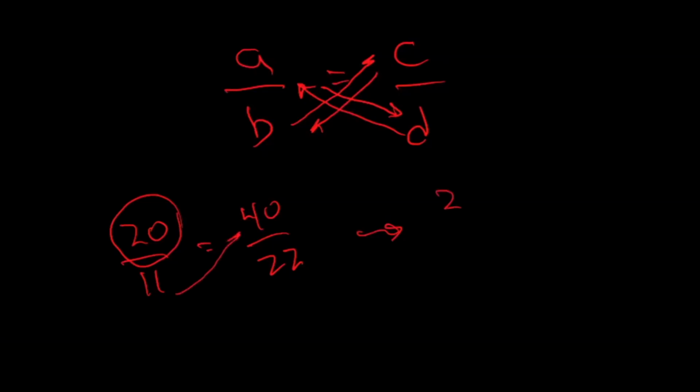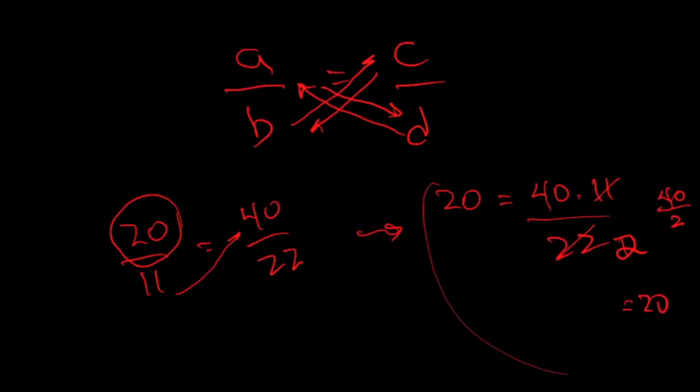So 20 is equal to 40 times 11 over 22. 11 divided by 22, that's one half. 40 times one half is just 20. So you can see how that works. Use that shortcut.